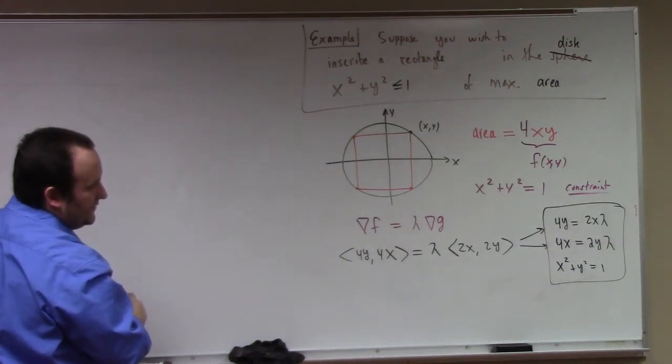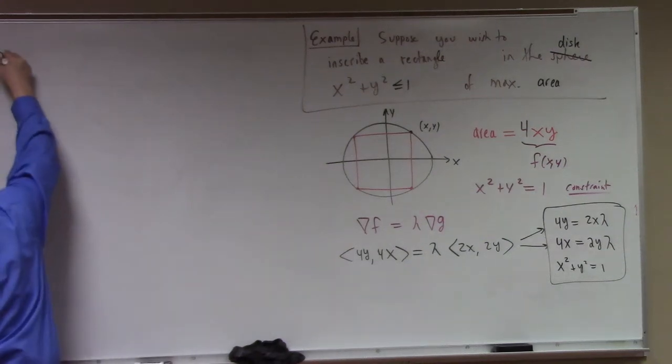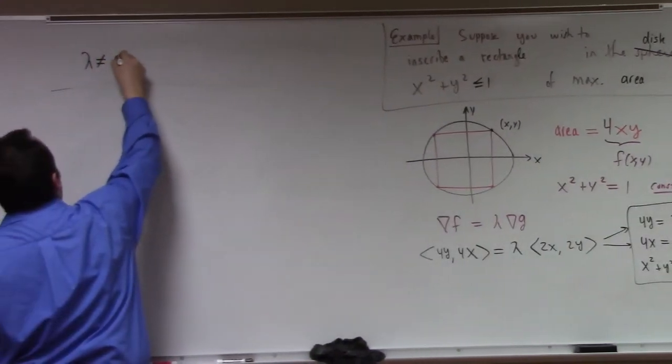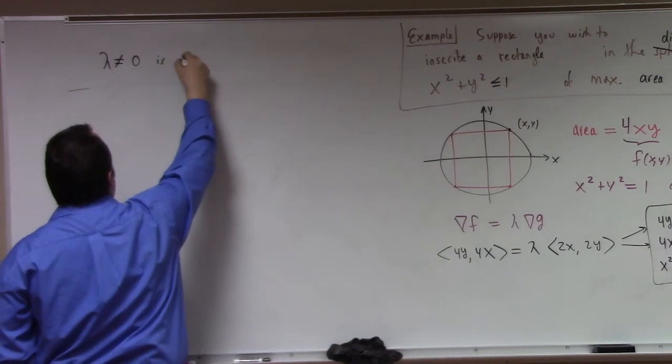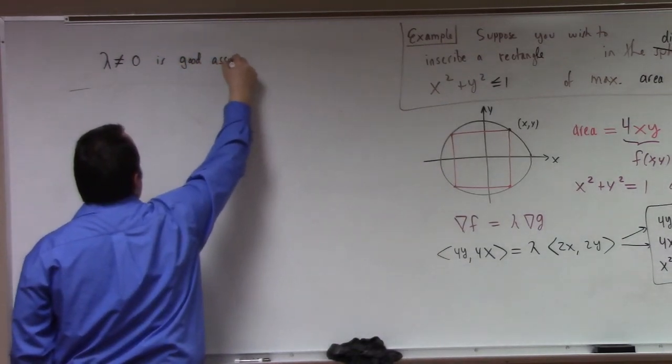Let's see here. You can basically assume lambda is not equal to 0. That's a good assumption. Why?